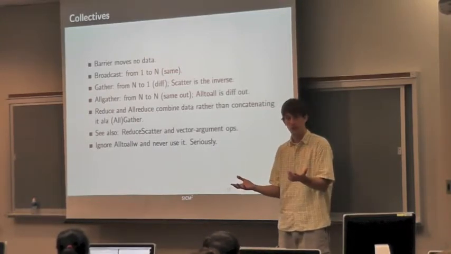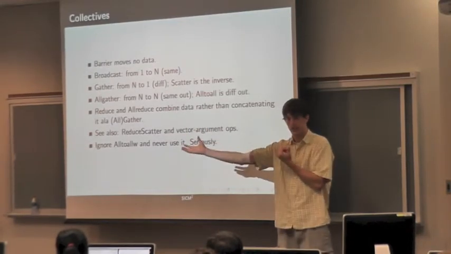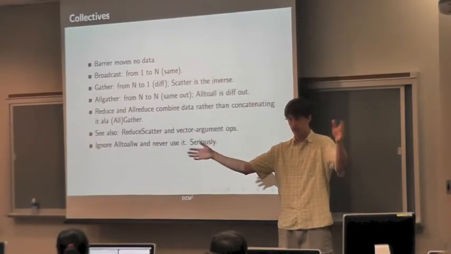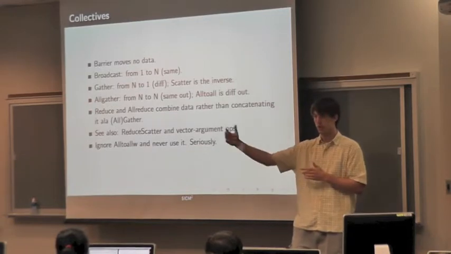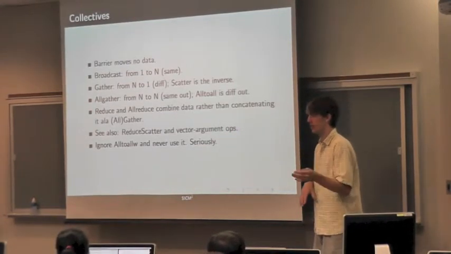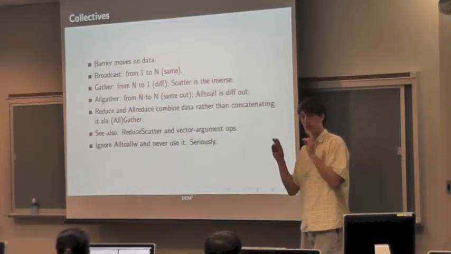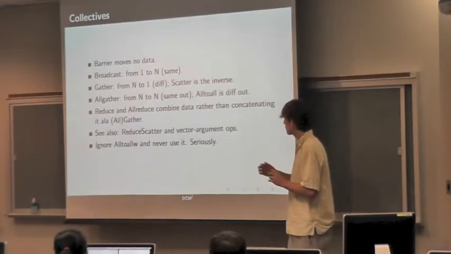But that's an all gather. I'm gathering all of the information and then broadcasting. Now, that doesn't mean that all gather is implemented as somebody does a gather and then immediately does a broadcast, but that is the equivalence. Many implementations of MPI functions are much, much faster than their equivalent in terms of simpler constructs.